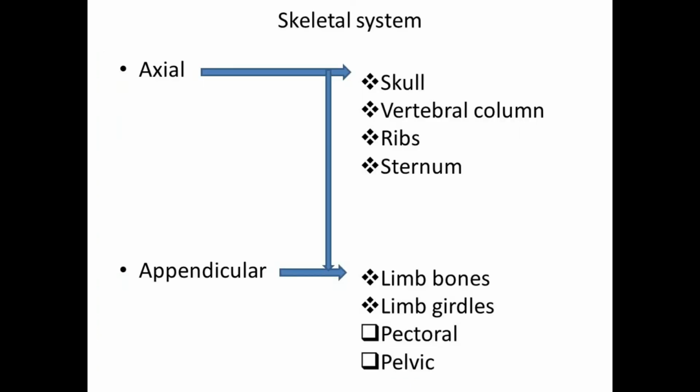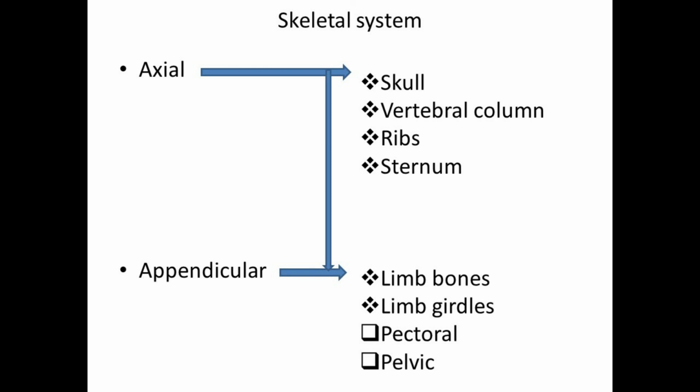The skeletal system is divided into the axial skeleton and the appendicular skeleton. The axial skeleton forms the bones which make up the central axis of the body. Appendicular skeleton consists of the bones which support the forelimbs and hind limbs. Now coming to the axial skeleton. The axial skeleton is divided into skull, vertebral column, ribs and sternum.